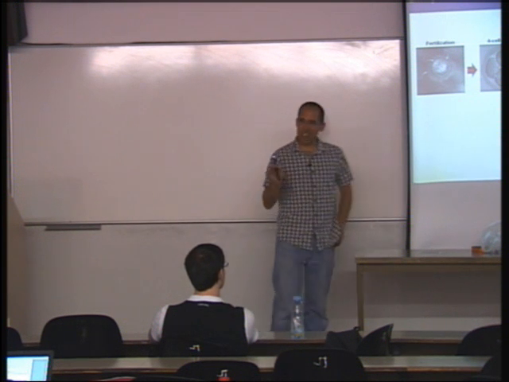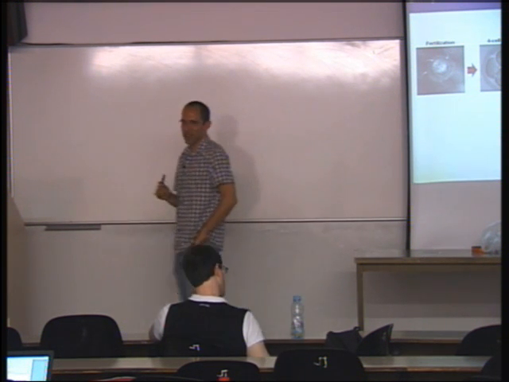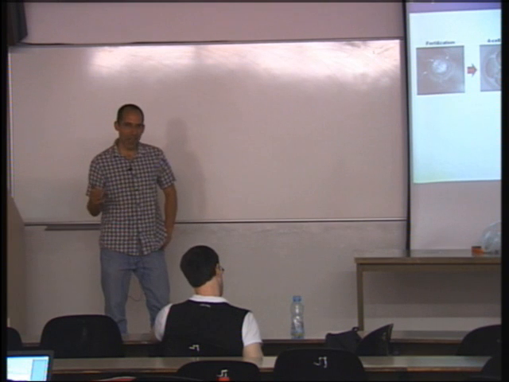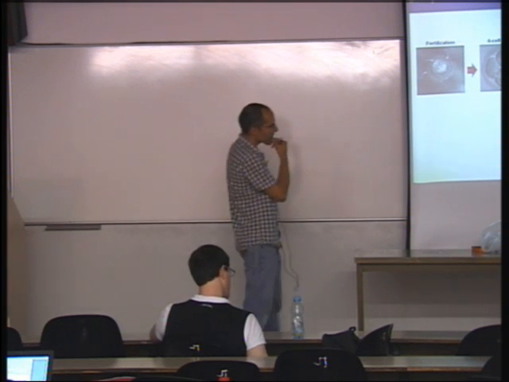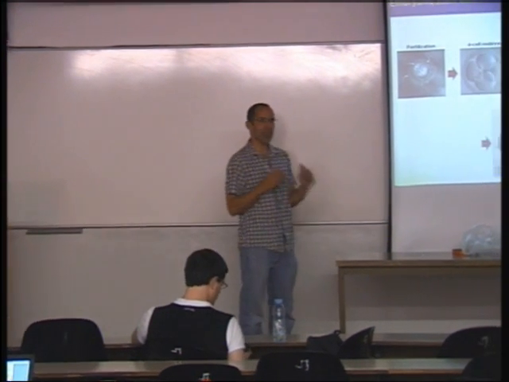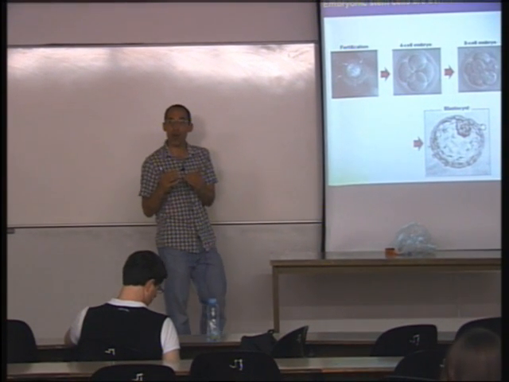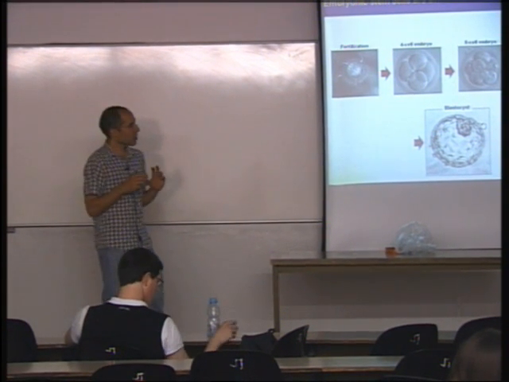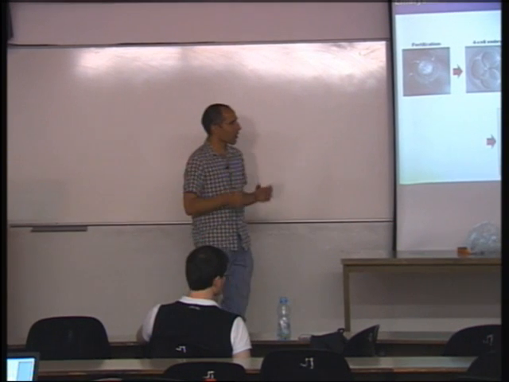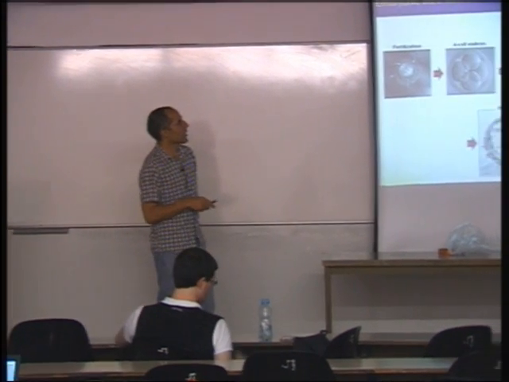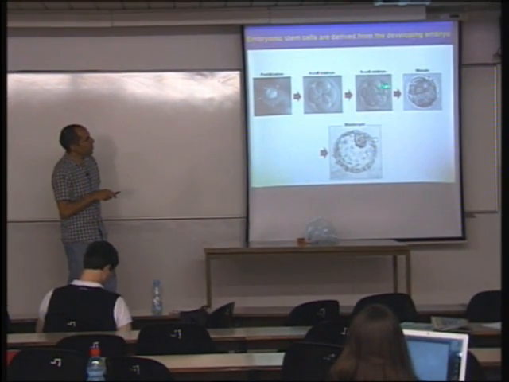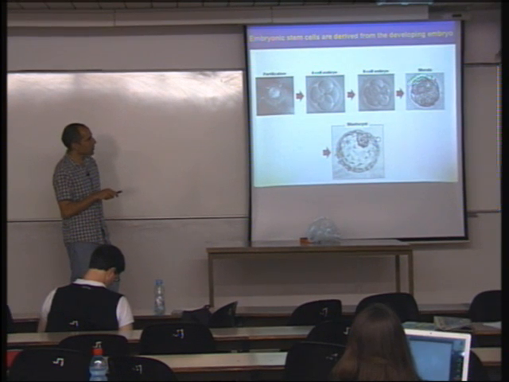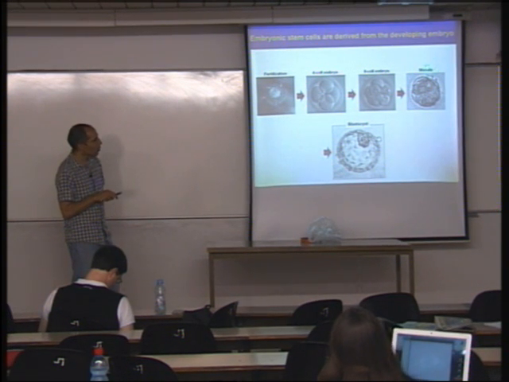So at about the 64 cell stage we stop counting. Not because we can't count more than 64, it's because the divisions are no longer synchronous, okay? So you don't really get a 128 or so stage. What you do get is a pack of cells, a ball of cells, which we call morula.